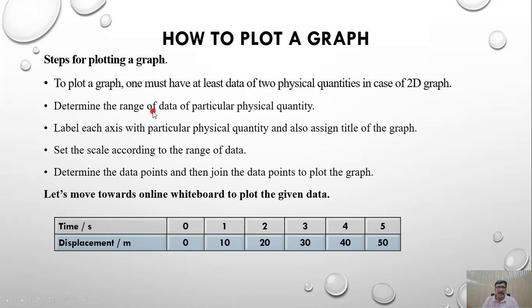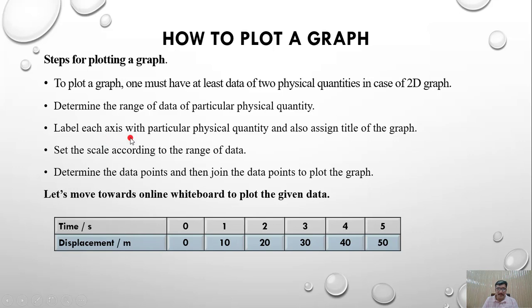Once we have two physical quantities, we must determine the range of data of each physical quantity, that is, how much range of that physical quantity we have. After that, label each axis with the particular physical quantity. It is necessary that you label each axis, either vertical or horizontal.